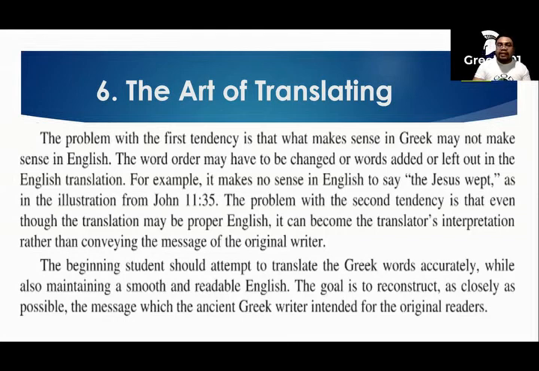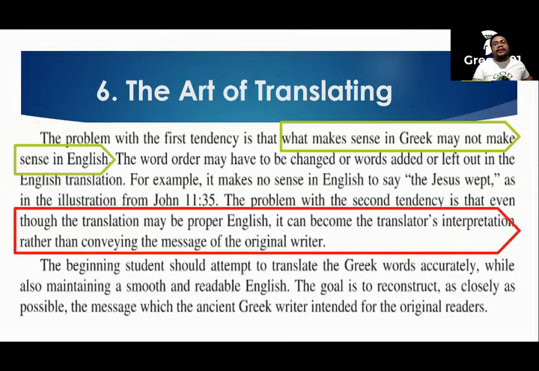So that's the art of translating. So are you excited to translate the Greek text to English? All right. So again, what makes sense in Greek may not make sense in English. And the other one is the translation may be proper in English, but it can become a translator's interpretation rather than conveying the message of the original writer.